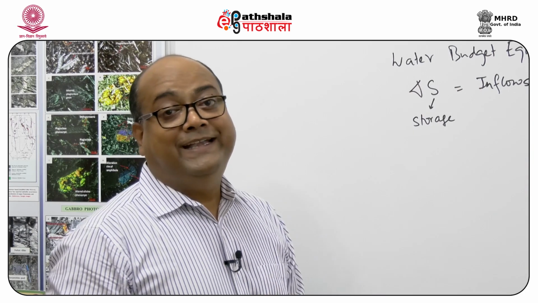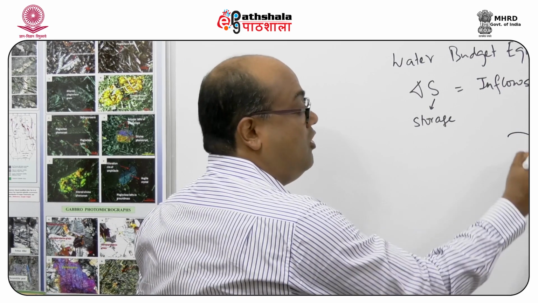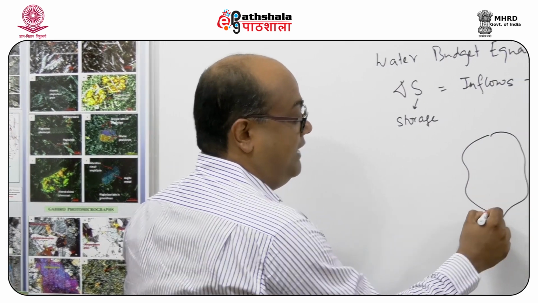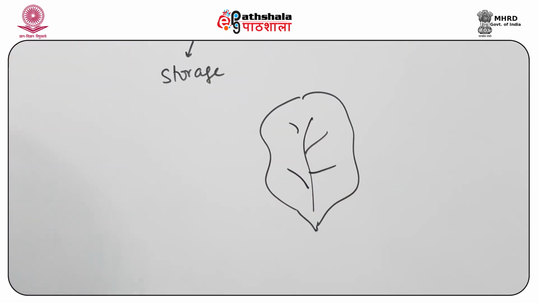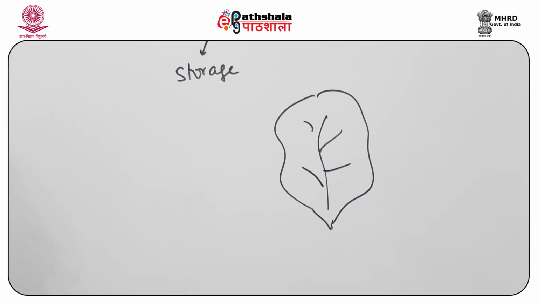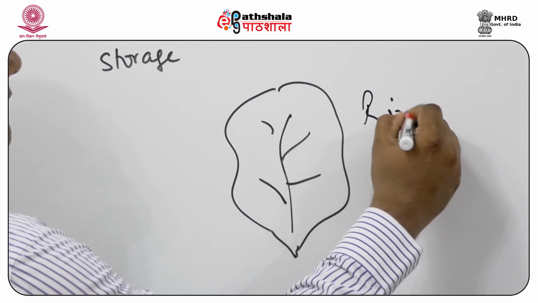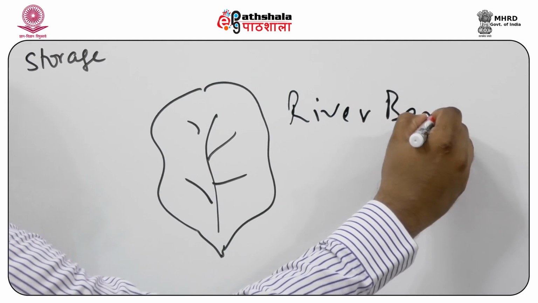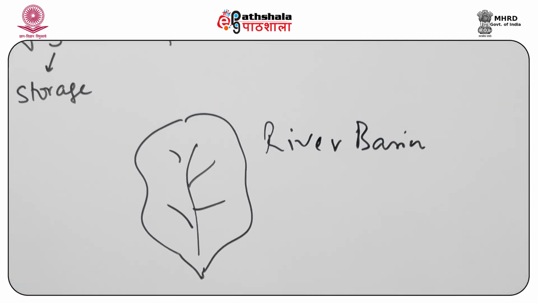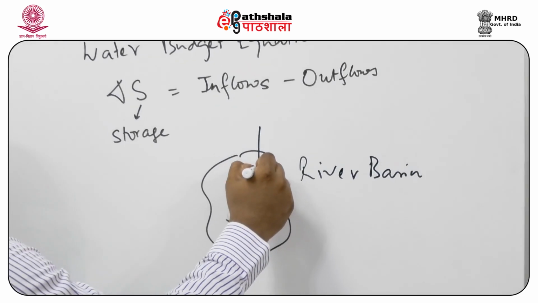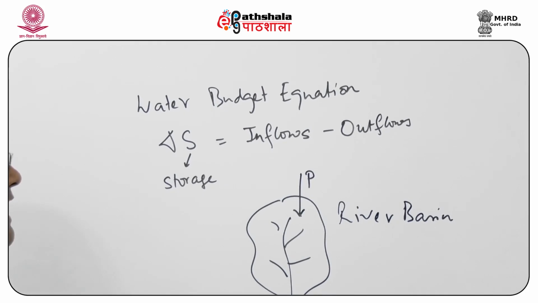Now if I take an example of a river basin, for example if I draw a river basin very roughly, and here these are the streams in the river basin. If I write the equation for the case of a river basin, what are the major inflows? The main inflow is, as we know, precipitation. And what is an outflow?